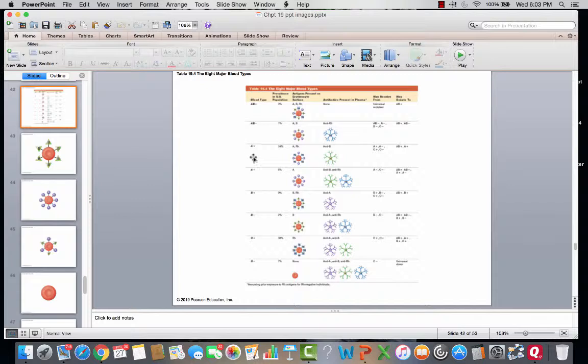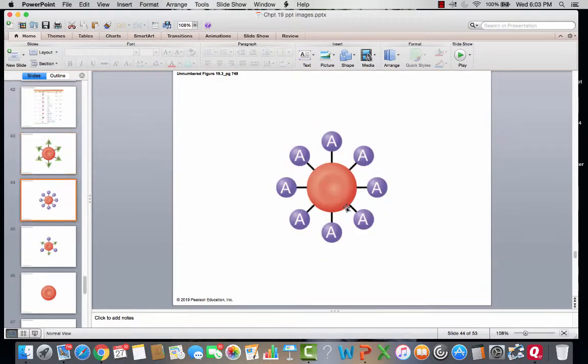For example, if I have A positive blood, I can't give my blood to a B positive person because my blood has A antigens on the surface of cells. And that B person has antibodies to the A antigen in their circulation.